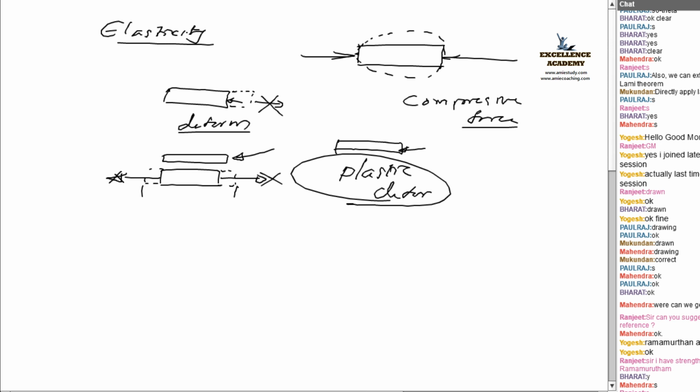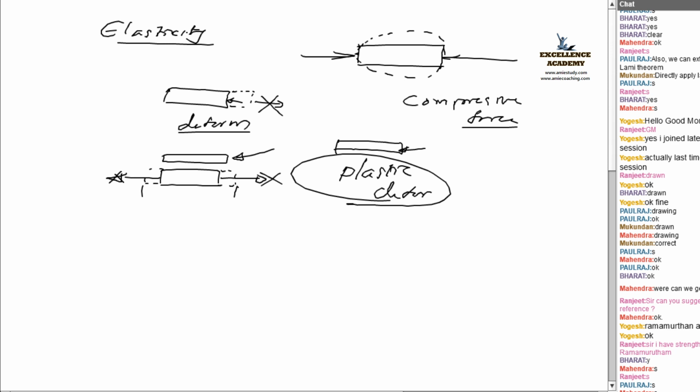Clear? So two types of forces or stresses are there: tensile as well as compressive. In tensile, both forces act in opposite directions. In compressive, they act towards the body, towards the center of the body.